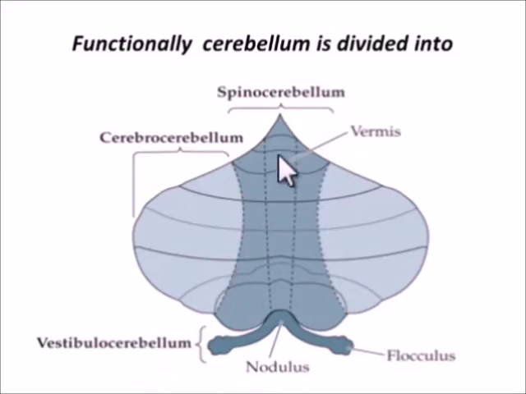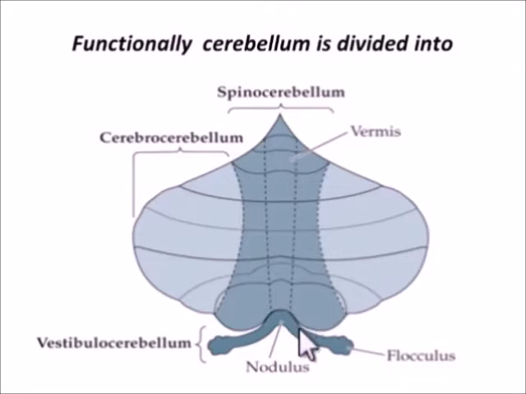The spinocerebellum comprises the vermis, which is this midline structure, and lateral to the vermis is the paravermis, and lateral to the paravermis is the cerebrocerebellum.